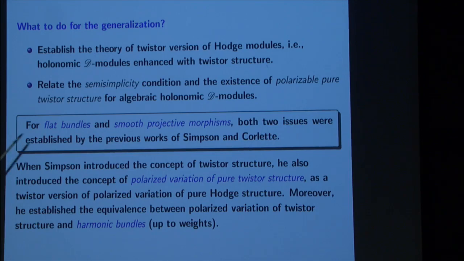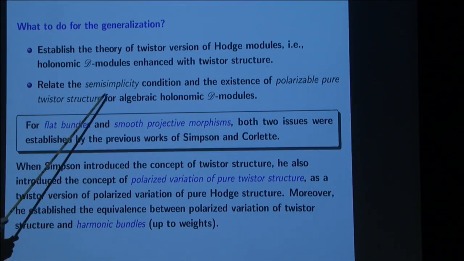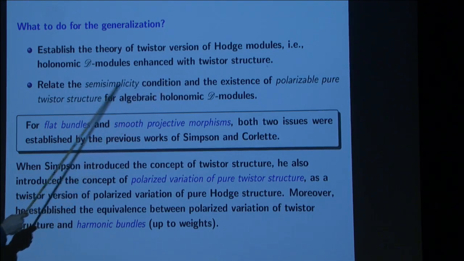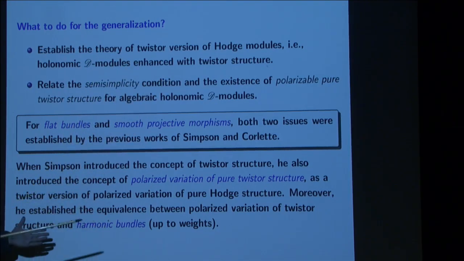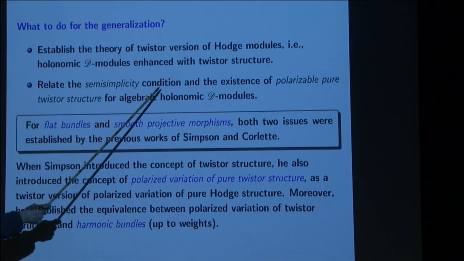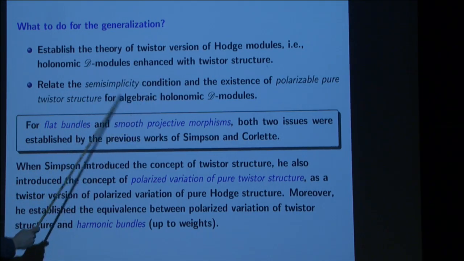Once these two issues are done, we have the functoriality of polarizable pure twistor structure by the push forward by projective morphisms, and translating it to the semi-simplicity condition, we obtain the functoriality of the semi-simplicity condition with respect to projective morphisms, which should imply the decomposition theorem for semi-simple algebraic holonomic D modules.